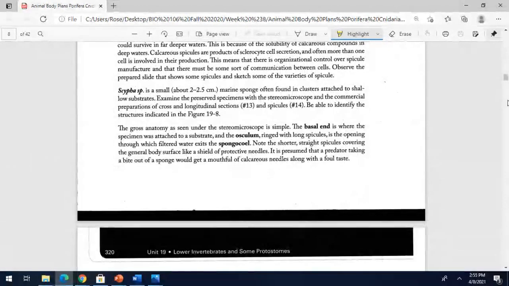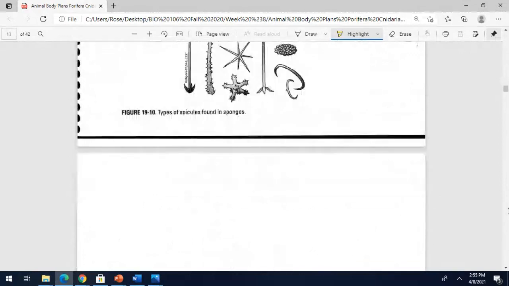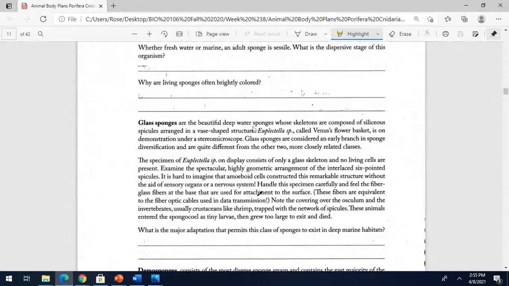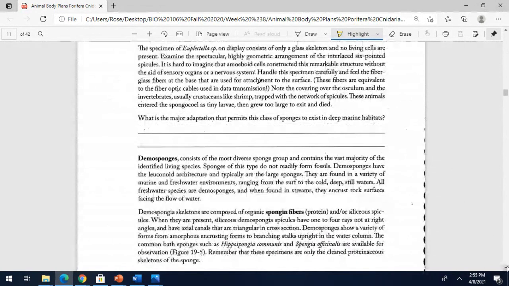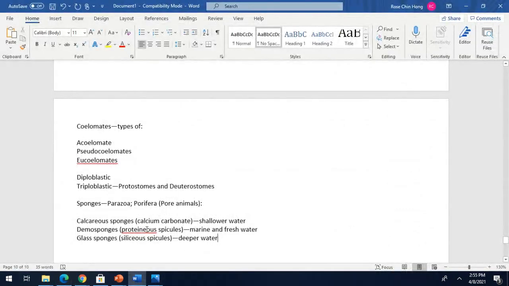When you're reading your information, we'll see the different kinds of sponges that we cover. Glass sponges here. Euplectella is our example. So when you go to your pages, you read through these things. Spongin fibers. This is the one I was going to do. So they could have protein or siliceous spicules. That's what I needed to put in here. I spelled this wrong.